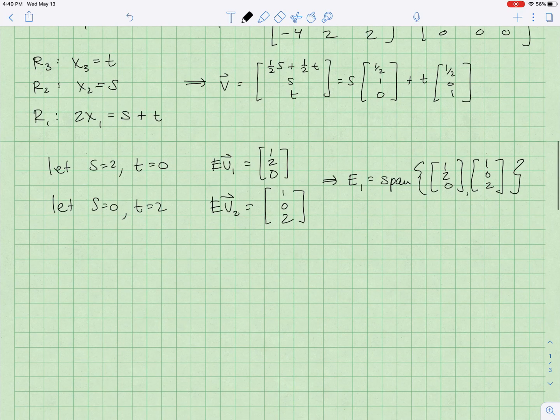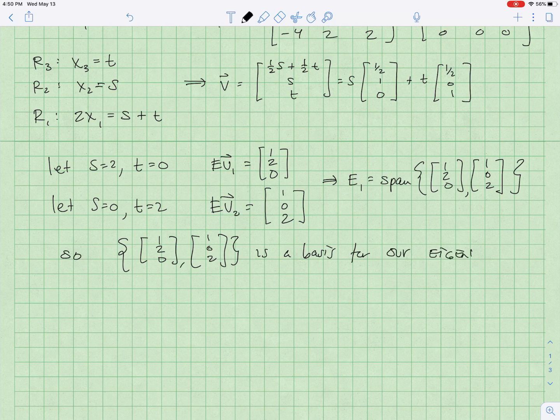Pardon the interruption. So this is a basis for our eigenspace. So the set {(1, 2, 0), (1, 0, 2)} is a basis for our eigenspace, which has dimension 2. So in this particular case, we're not actually able to form an eigenbasis for all of R3.